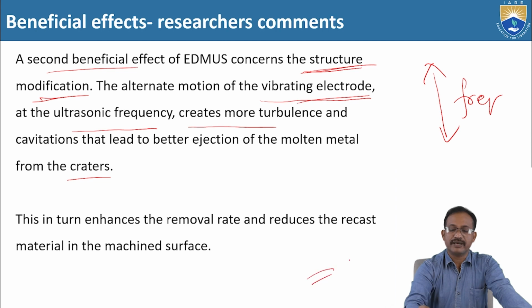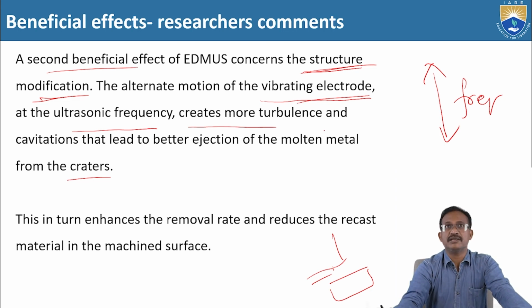When arc craters develop between the tool and the workpiece, definitely there will be a required turbulence, then only it will flush out the entire debris and maintain a significant or required debris percentage in the dielectric fluid medium.